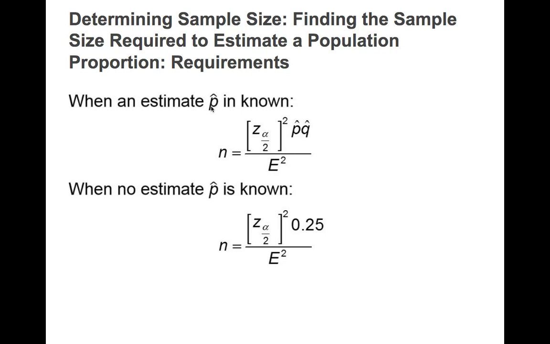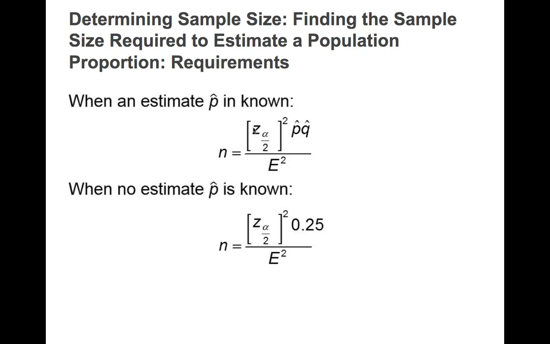So like if 5 years ago, they did a study and found that 20% of adults had Facebook pages, we could use that as an estimate for this to figure out what sample size we need. Okay. And if we don't have any estimate, so this is kind of worst case scenario, we have no idea about the proportion whatsoever, we just multiply by 0.25.